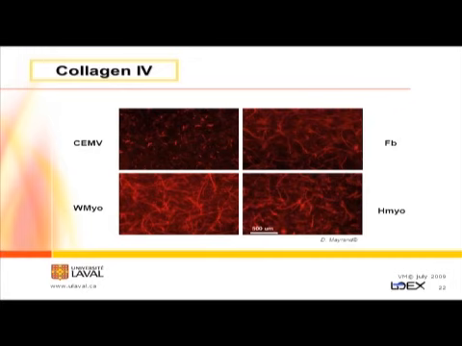This is the morphological aspect of the fibrin gel. When you add only endothelial cells, we can detect a weak capillary-like network, but when we add mesenchymal cells, we see a very strong network. We studied the network using a collagen 4 antibody, and we can see here the result with only endothelial cells, and in the three other images, endothelial cells and mesenchymal cells.